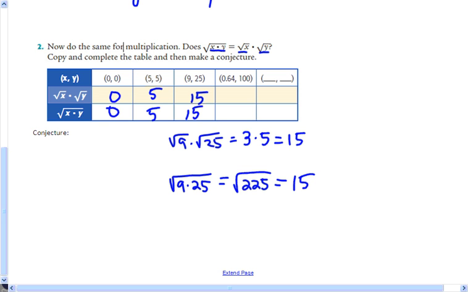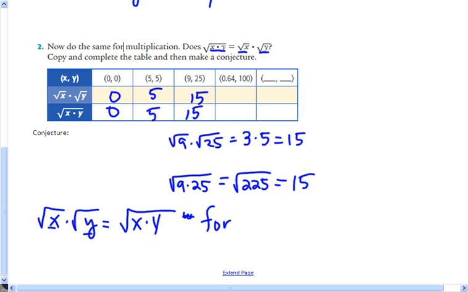A lot of times I'll just do 3 in order to convince myself that if it's going to work for 3 of them, it's probably going to work for all of them. So the rest of the parts here we can fill in, but my conjecture is that this will always be true, that the square root of x times the square root of y is equal to, I can multiply those two radicands together first, and I get the same result.